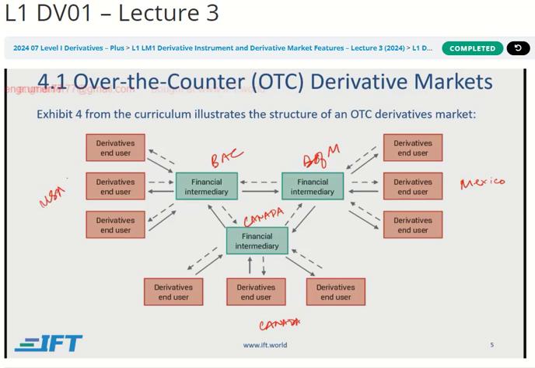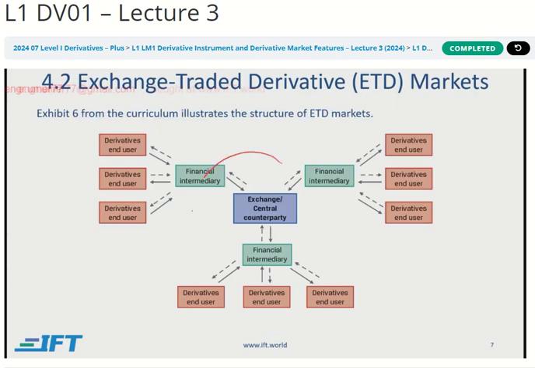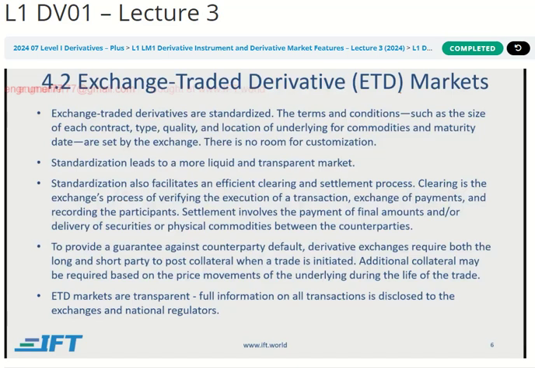If they're dealing directly with each other, it is called over the counter. If, for example, they go through an exchange in the middle, then this will be an example of an exchange traded derivative. Now, what happens in an exchange traded derivative? Number one, they are standardized, so not customized.